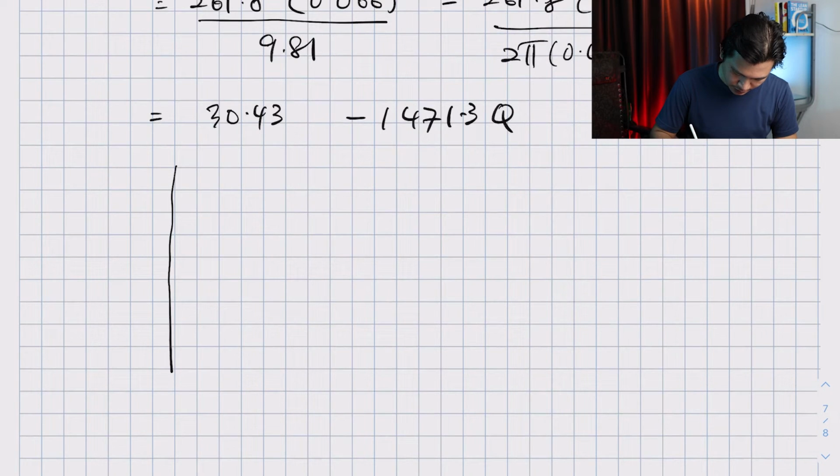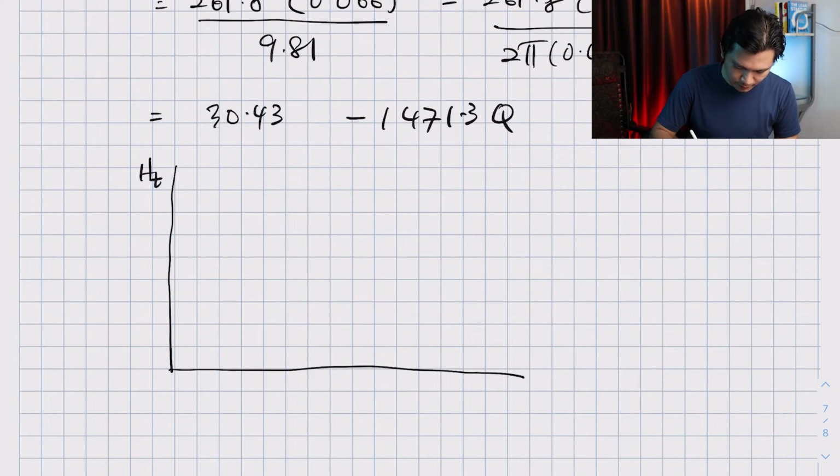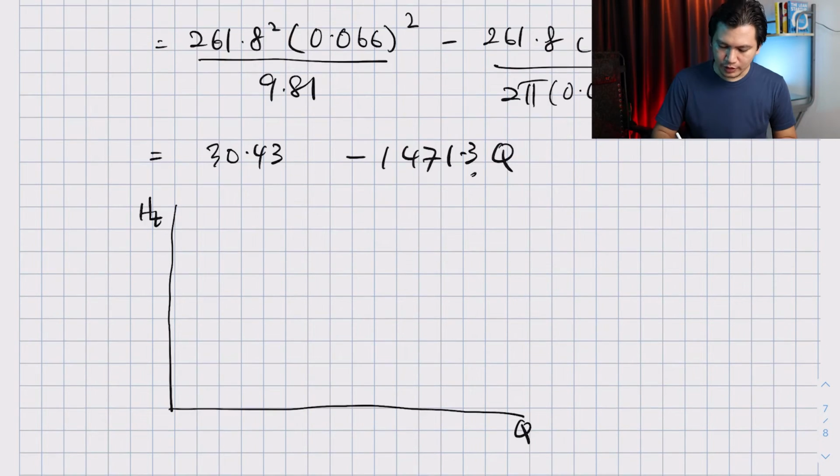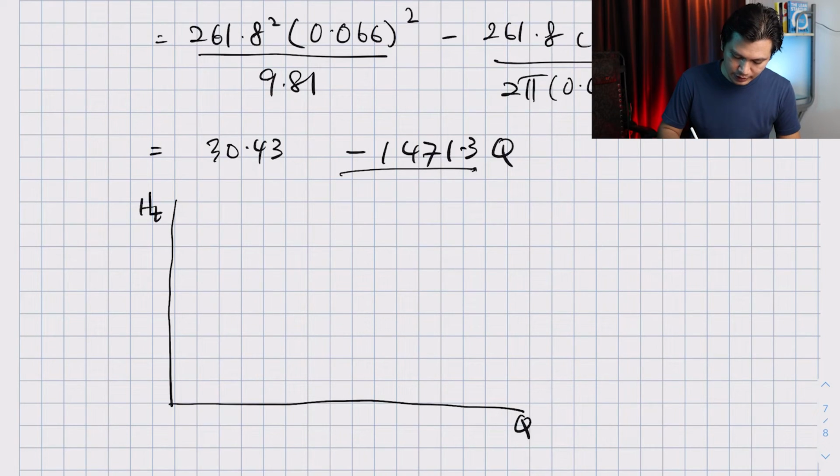If I do this carefully, this is HT and this is Q. We know that the graph is linear with a negative slope, and it's going to intersect the y-axis at 30.43.